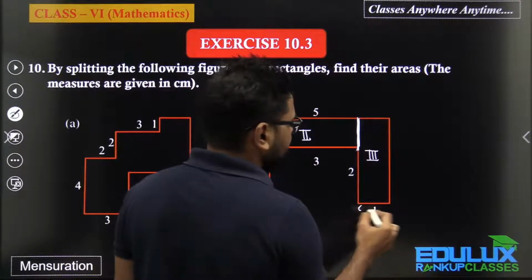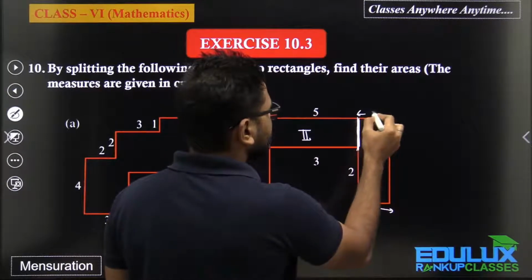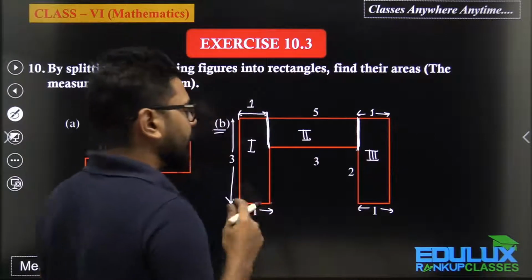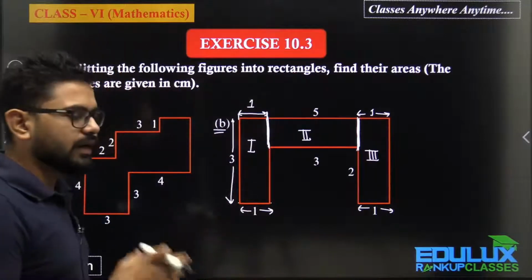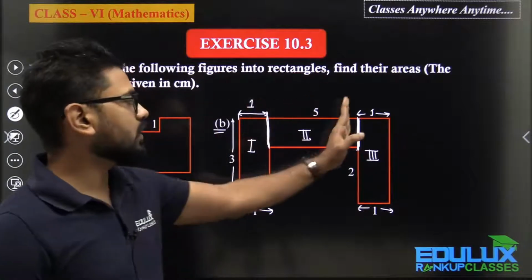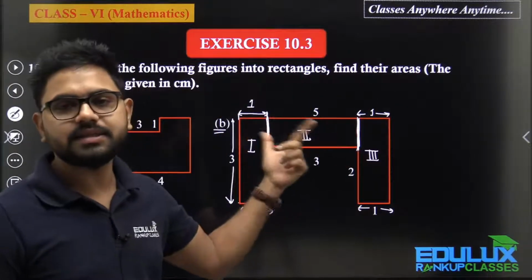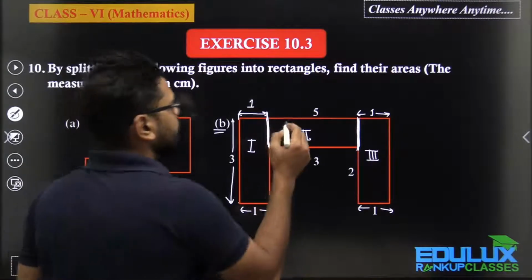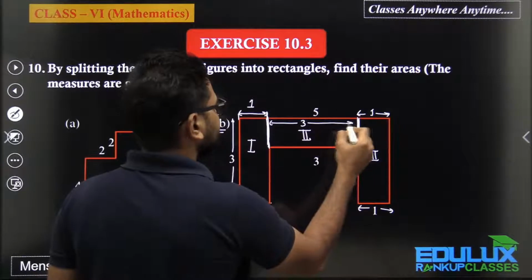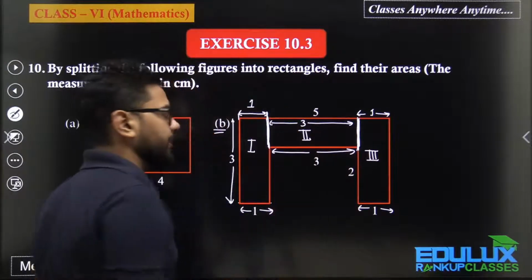Again, if this length is 1 centimeter and this figure is a rectangle, then this part is also equal to 1 centimeter. So in a line segment of length 5 centimeter, if we are removing 2 parts of 1 centimeter, then the length which is left over here is just going to measure how much. This is going to measure only 3 centimeters. So this part will be equal to 3 centimeter as equal to this part already given here, है ना?